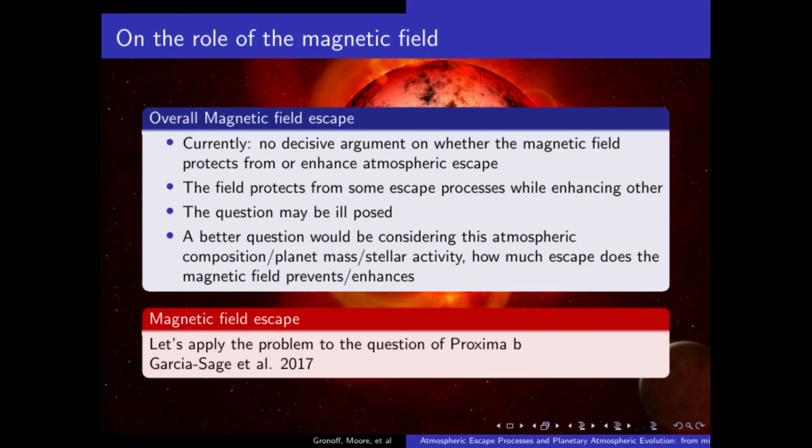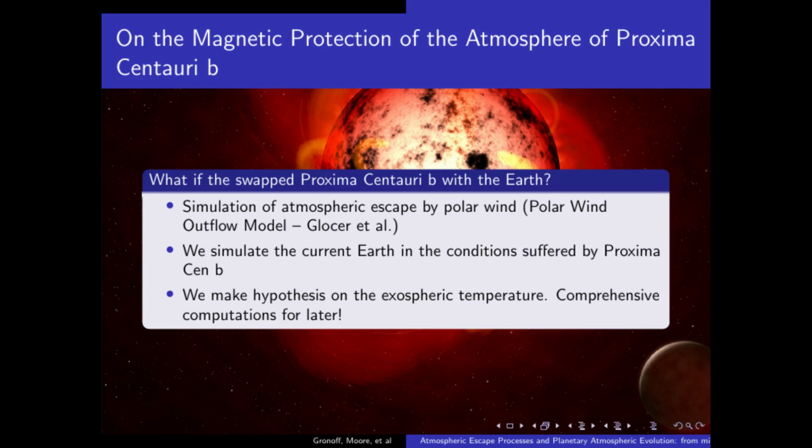As an example of how we can apply the magnetic field, let's see the problem of the Proxima b planet. That was a case study that was published in Garcia-Sage et al. 2017. The simulation of Proxima Centauri b was done using the polar wind outflow model by Glocer et al.